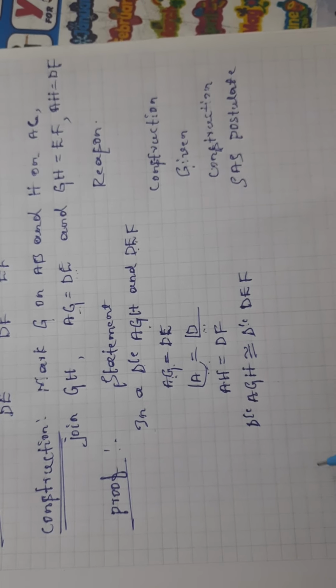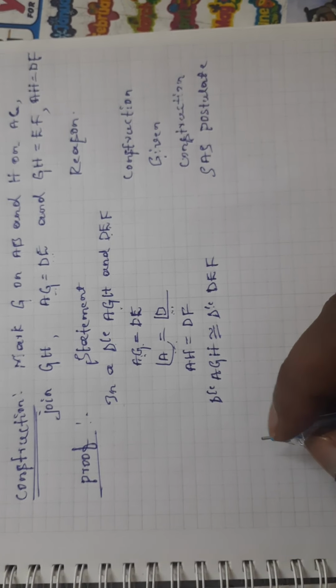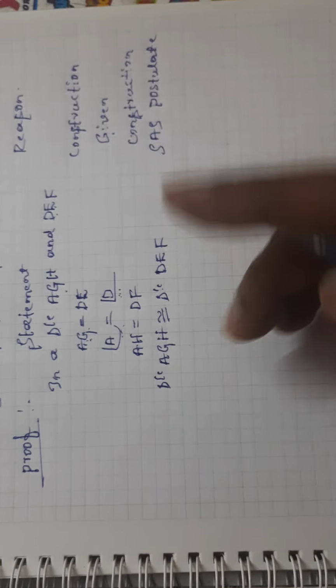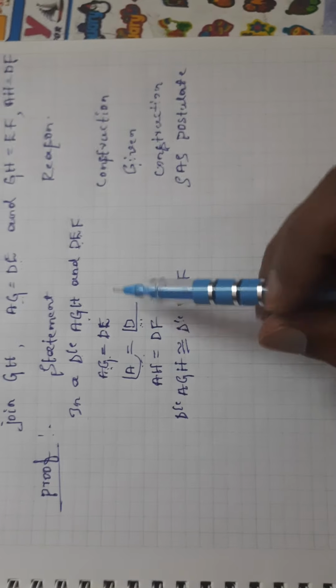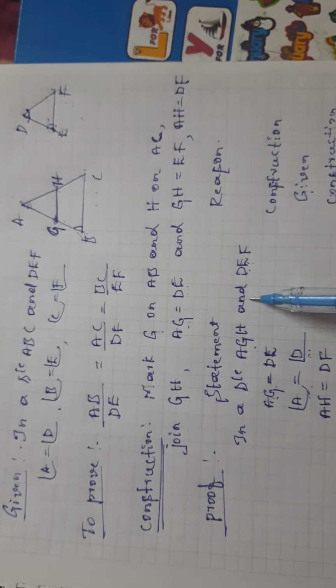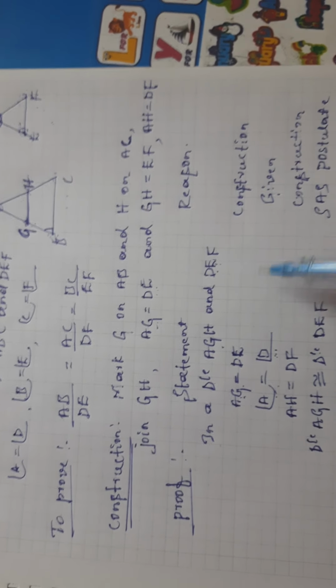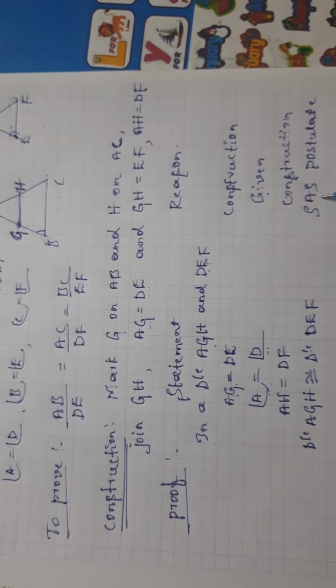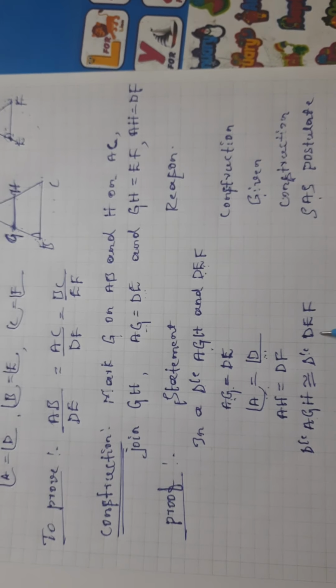According to this SAS postulate, these two triangles are equal, that is congruent.